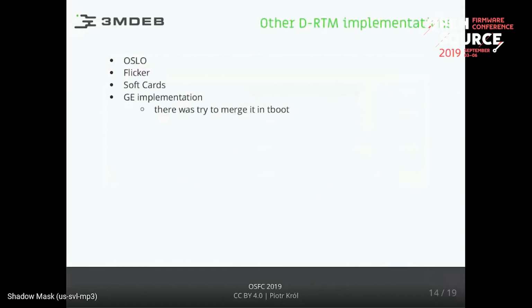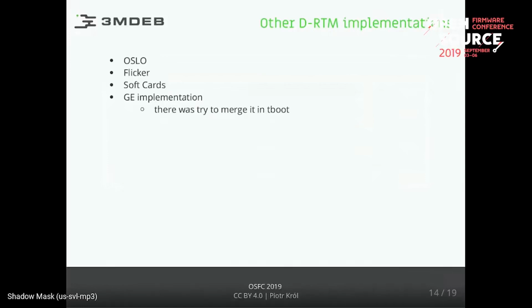So I just mentioned a couple of implementations of DRTM that were even commercially successful. First of all, Oslo was just research stuff. Flicker and SecureCard were part of commercial products, but they didn't go into the open, so everyone can't use that.